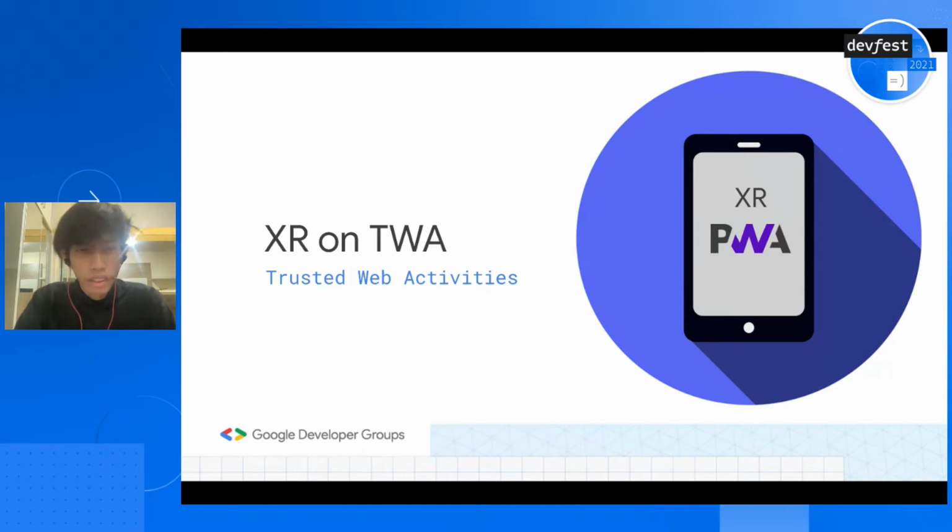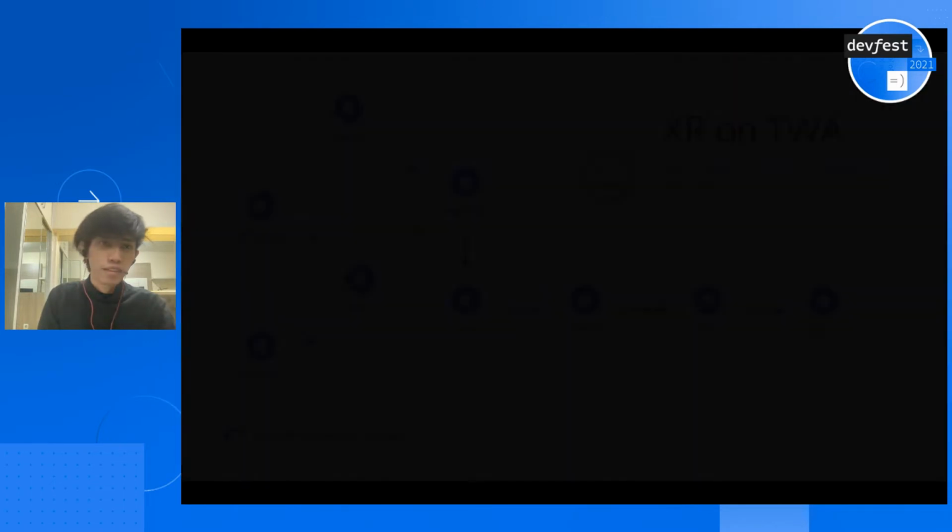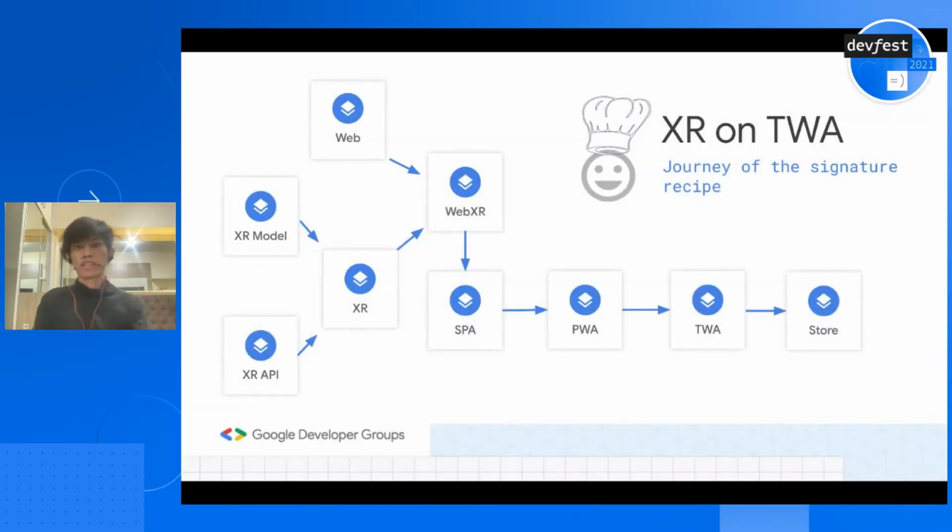But here we will talk about something kind of different. We are not building XR from Android Studio or Unity, because basically this is a web platform. As we can see, we build XR using web development tools. So how is it? Maybe we can just start next. Here, it's XR on TWA.